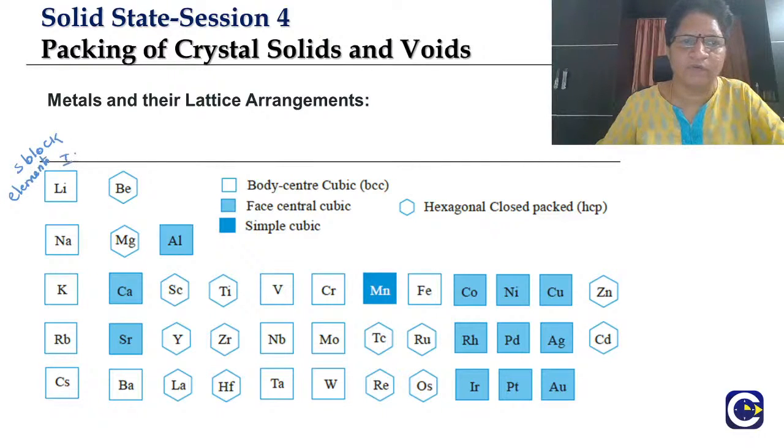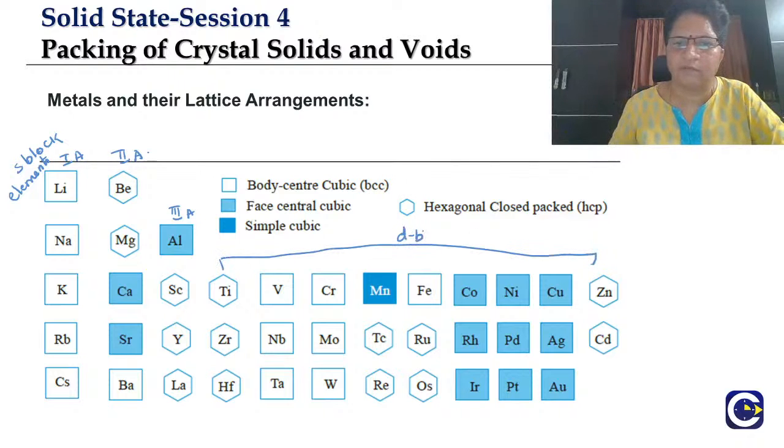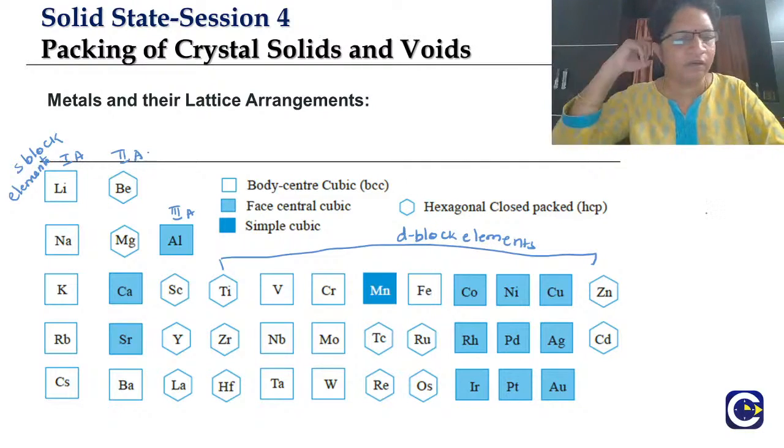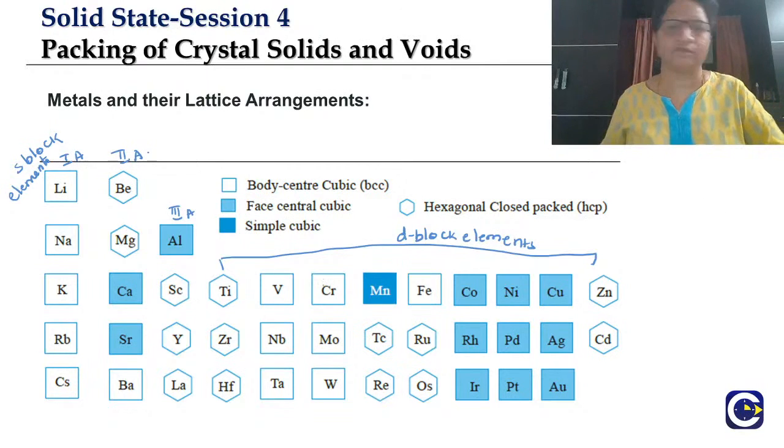Your 1A group elements are the first group. This is your second A group. This is third A. And from here till here is your D block elements. Because we are talking about metals, we didn't go with the P block elements.